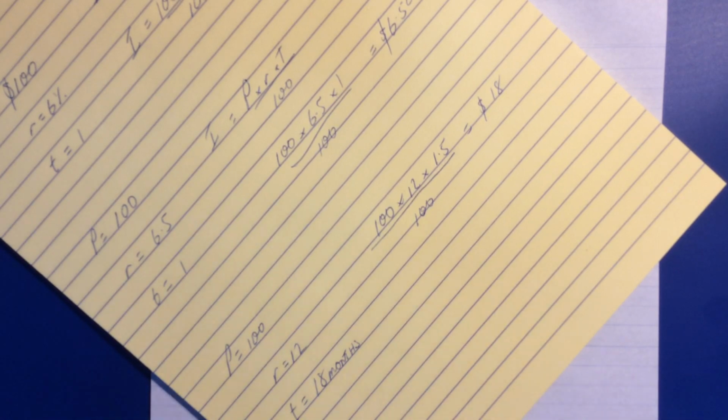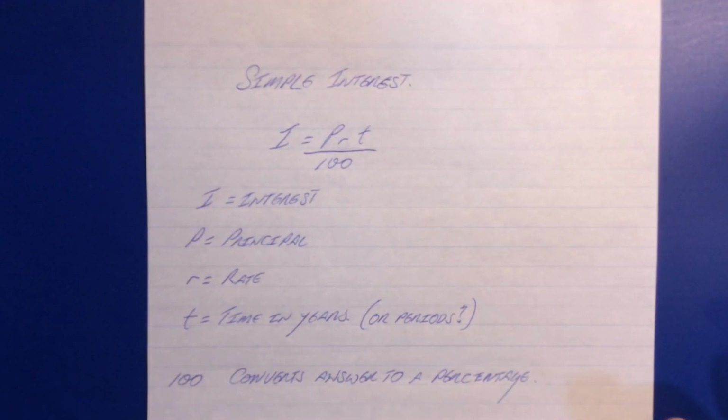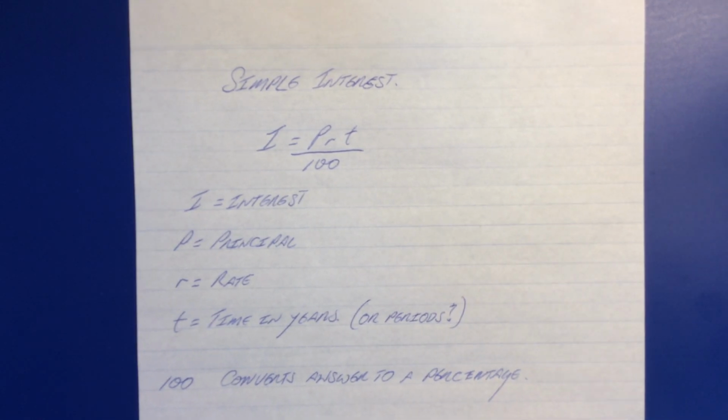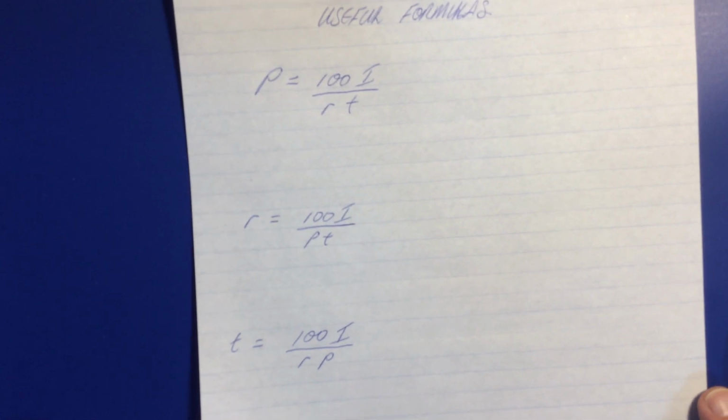Now, that is simple interest. Okay, so there's one more thing to do, which is to take you through some variations on this formula. So let's do that now, because these are handy. Right.